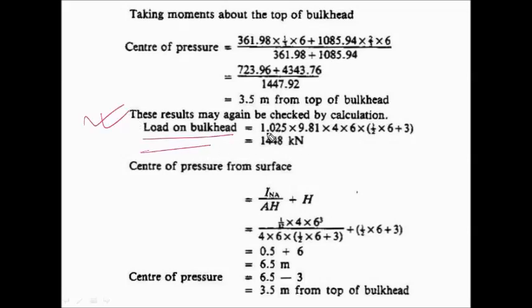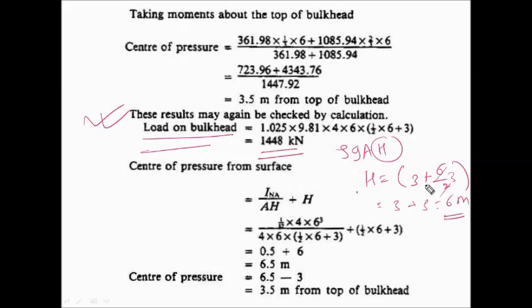The load acting on the bulkhead will be rho g A h. In this case h will be 3 meters plus 6 by 2, so it will be 6 meters. Substituting that value, you will get the load acting on the bulkhead from the formulas as 1448 kilonewton.